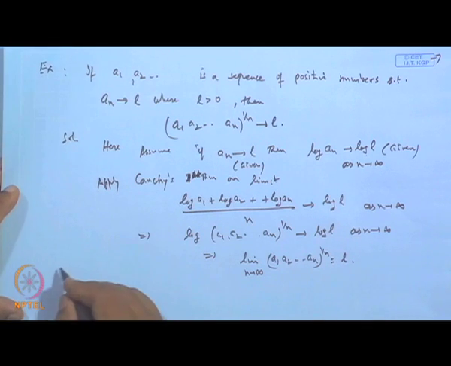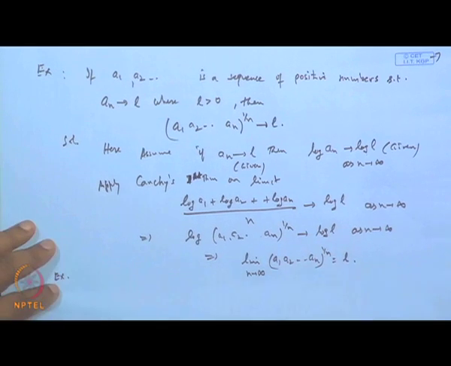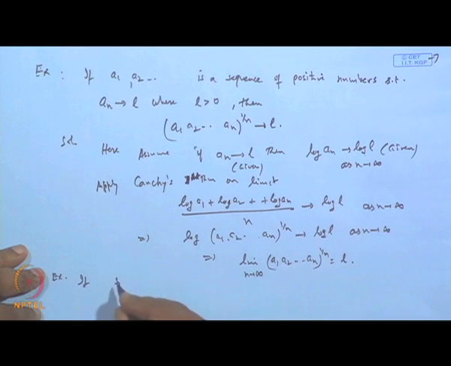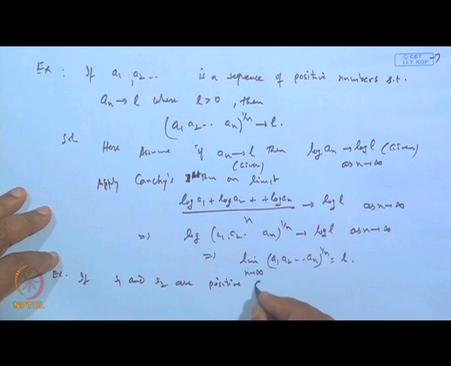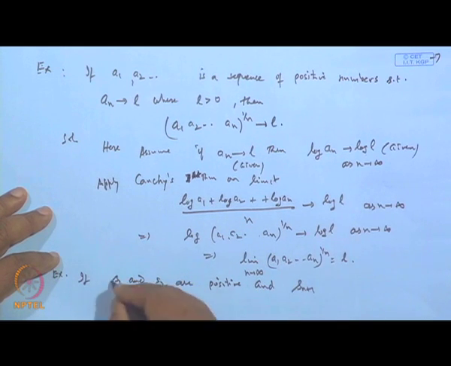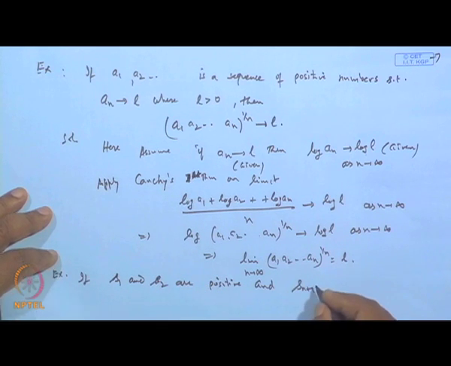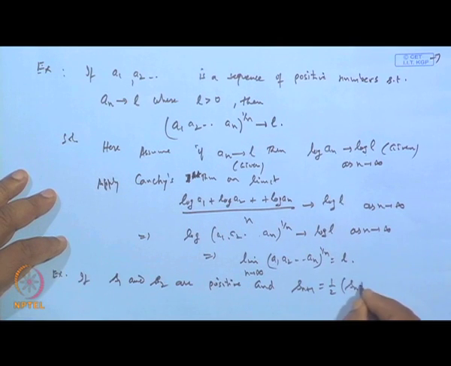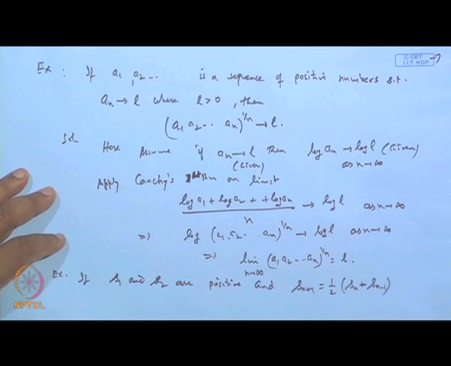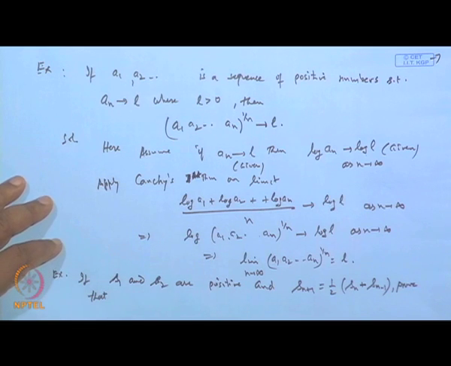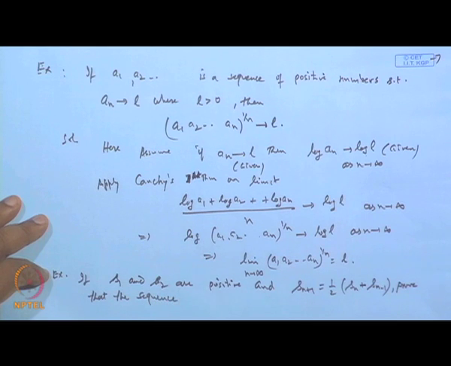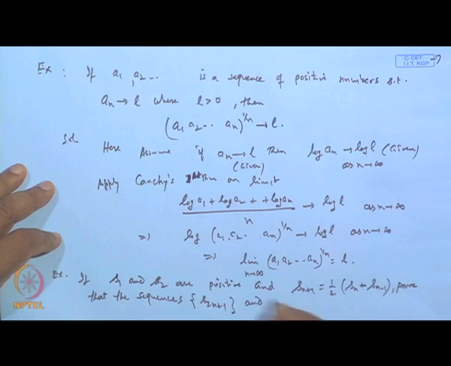Okay. Now, let us see the other exercise. If S1, S2 are positive, and S(n+1) is half of (Sn plus S(n-1)), then prove that the sequence S(2n+1) and the sequence S(2n) are both monotone.